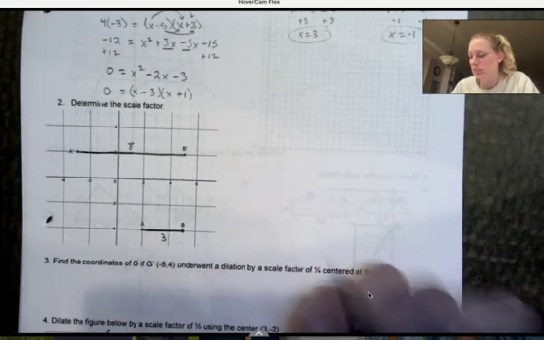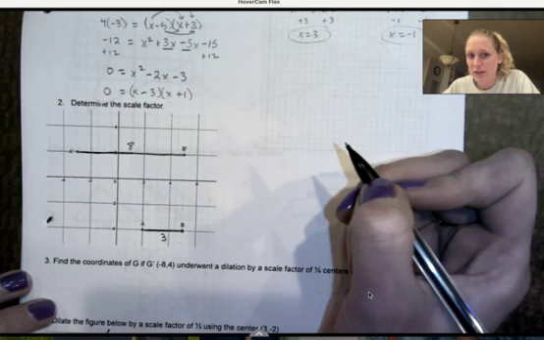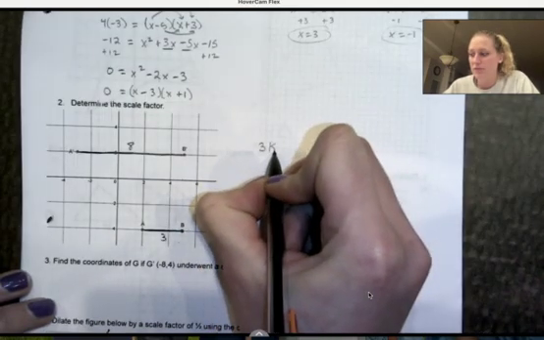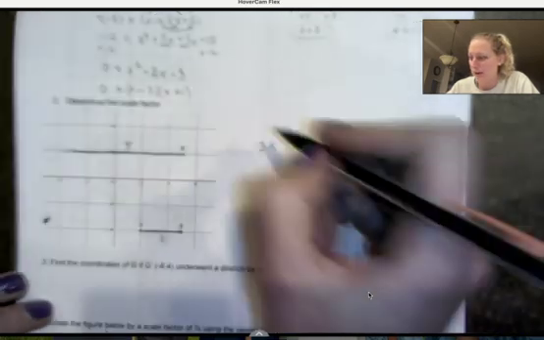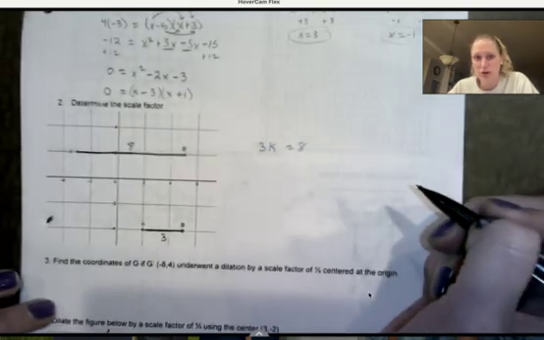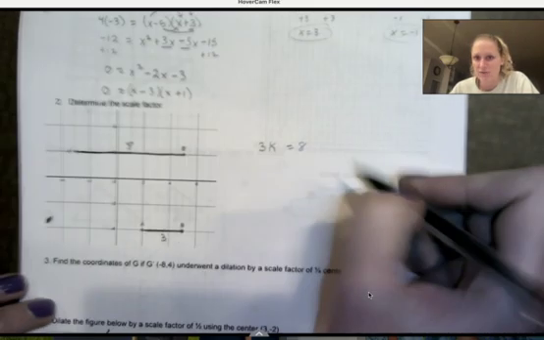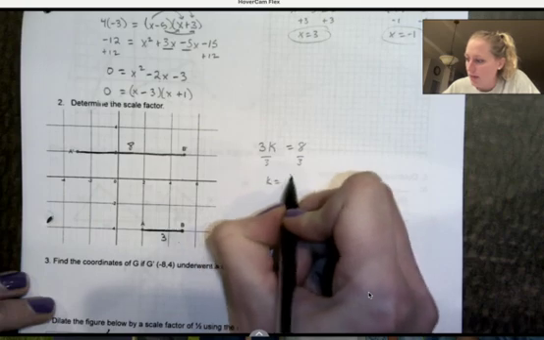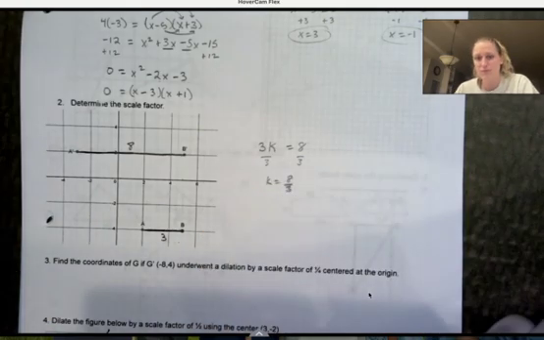I want to know, what is the scale factor? Another way we can think about it is we took our original and multiplied by our scale factor. I'm going to use the letter k to represent that, okay? And it equaled 8. So we are going to just divide to figure out what k is. So k is 8/3. All right?